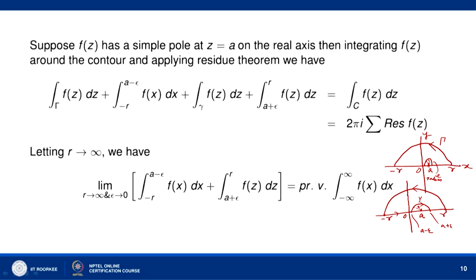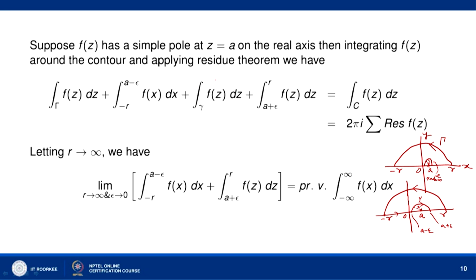Now, letting r go to infinity and epsilon go to 0, what will we have? The integral over the large semicircle goes to 0. The integral from minus r to a minus epsilon f x dx plus the integral from a plus epsilon to r f x dx gives us the Cauchy principal value of the integral over minus infinity to infinity f x dx. This value is 2 pi i times the sum of residues of f z that lie in the upper half plane.